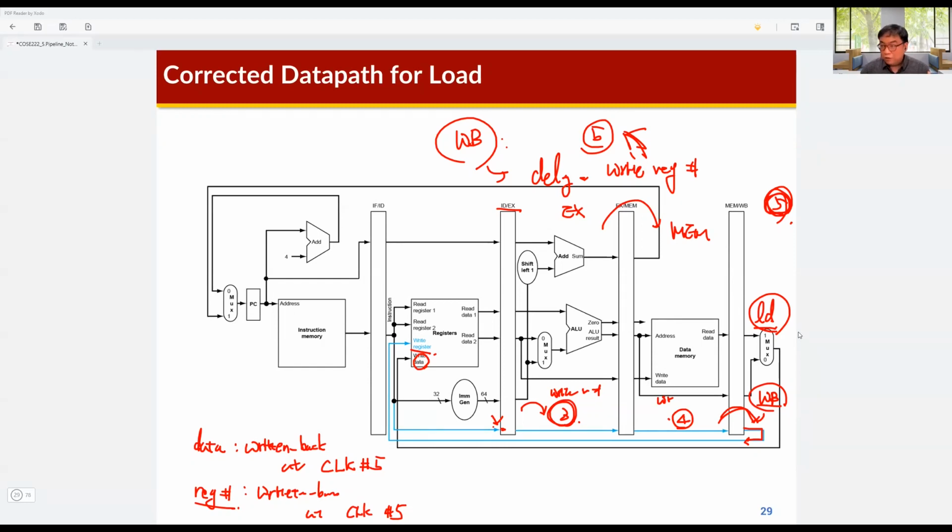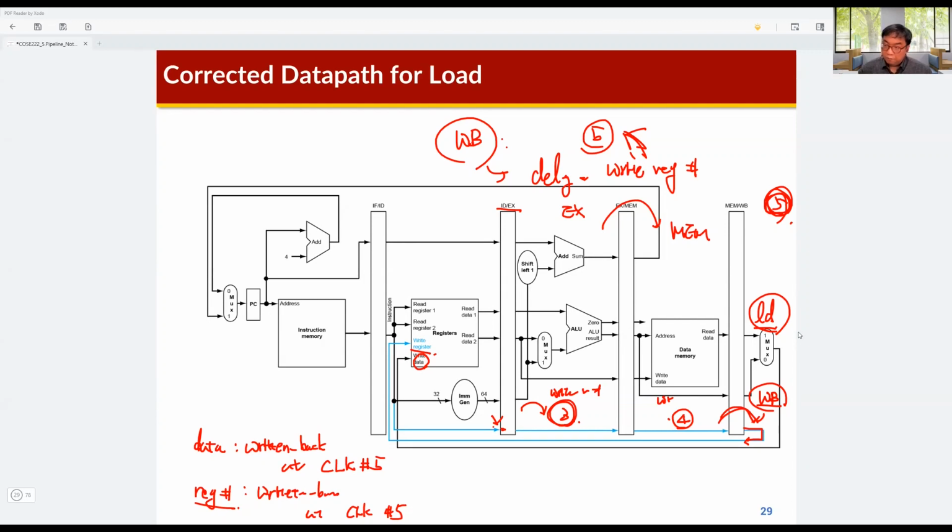If the processor generates incorrect data, then this is a bad processor, and no one will use it. So in order to generate correct data, remember that we need to match the timing of data and the timing of address or control signals. It's very, very important for pipelined processor design.